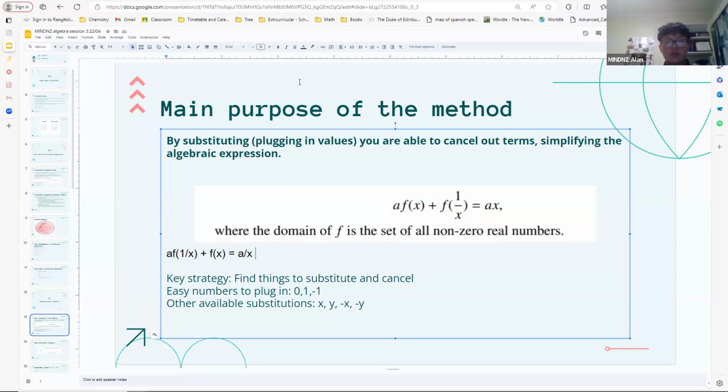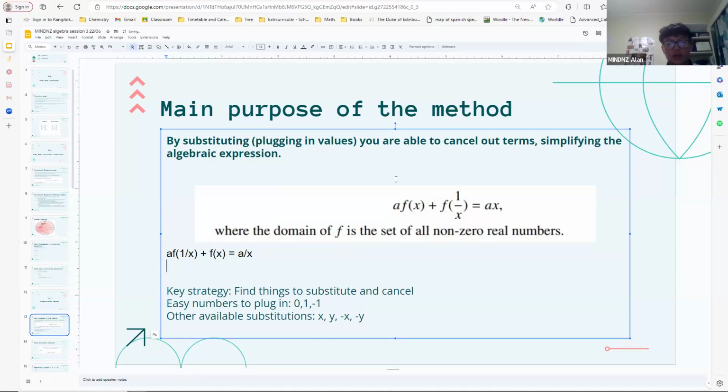So how would we use simultaneous equations to cancel that out? We multiply the first expression by a, right? So we have a squared f of x plus a f of 1 over x equals a squared x, right?